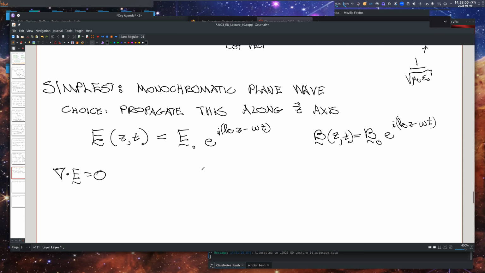Well, essentially, there's only one spatial dependence here, which is along z. So the divergence of E is d/dx of Ex plus d/dy of Ey plus d/dz of Ez. But in this combination here, there's no x and there's no y. Therefore, that doesn't contribute anything. But there is a z.